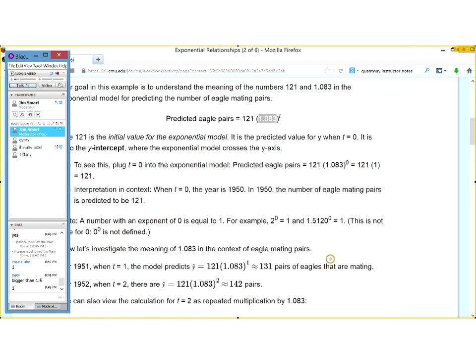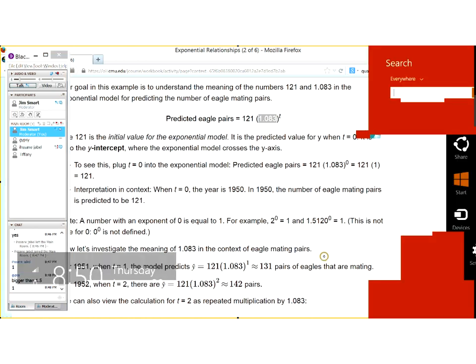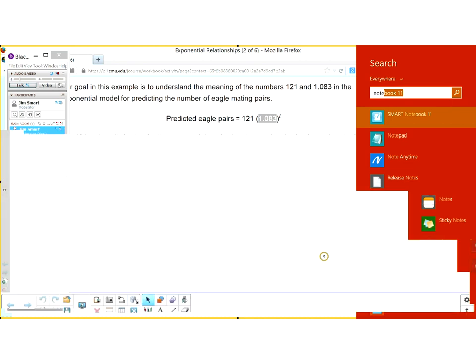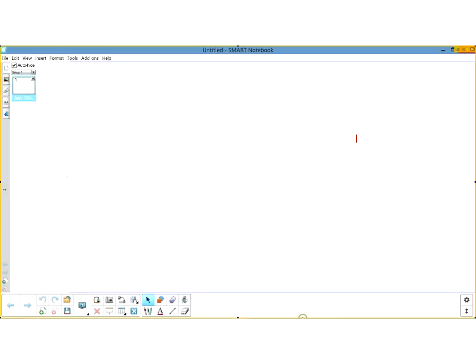Yeah, I don't like the whiteboard on this software, but where are you? Oh, there it is. Okay, good.